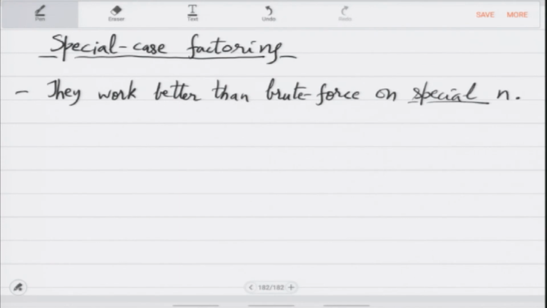They make some assumption on n, then they work better. So first is called Pollard's rho method.